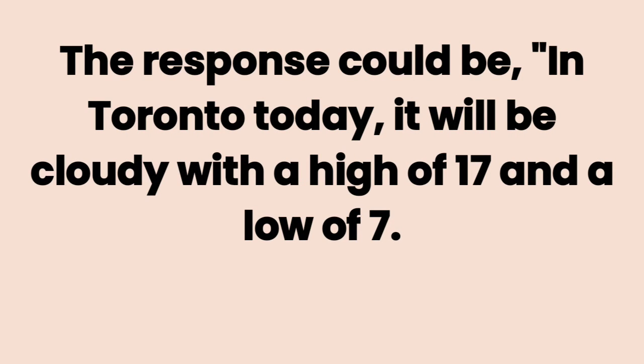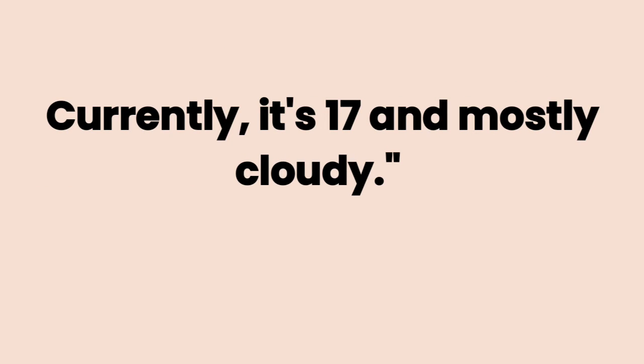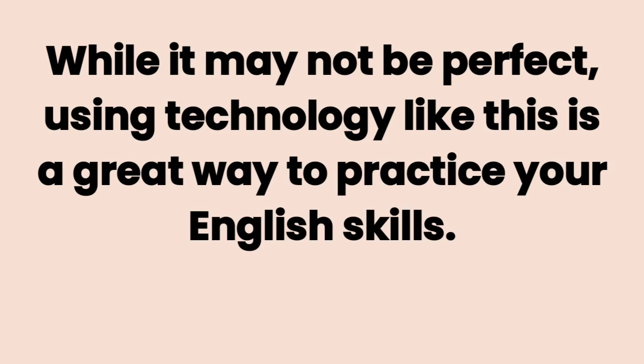The response could be, in Toronto today, it will be cloudy with a high of 17 and a low of 7. Currently, it's 17 and mostly cloudy. While it may not be perfect, using technology like this is a great way to practice your English skills.